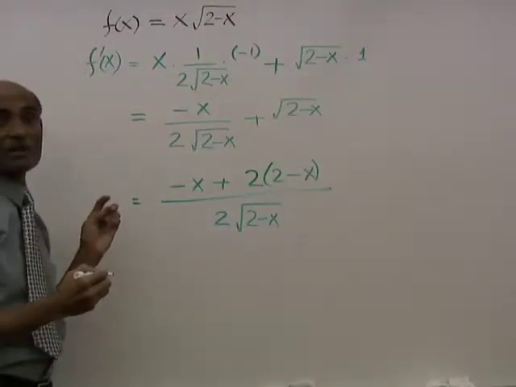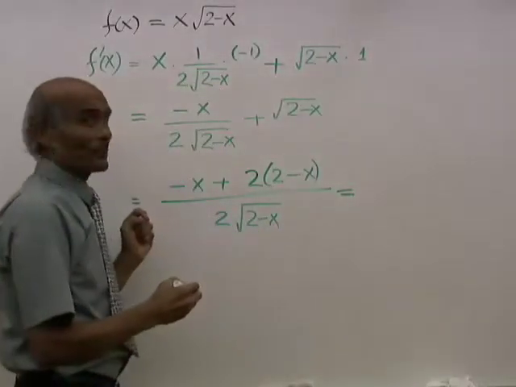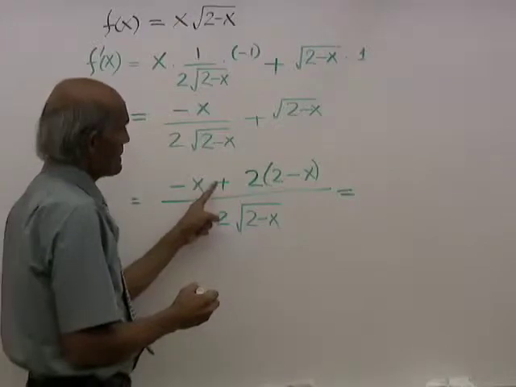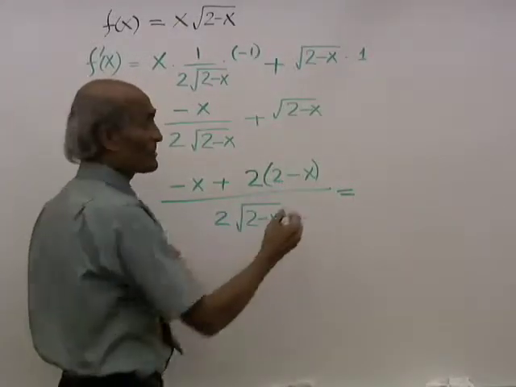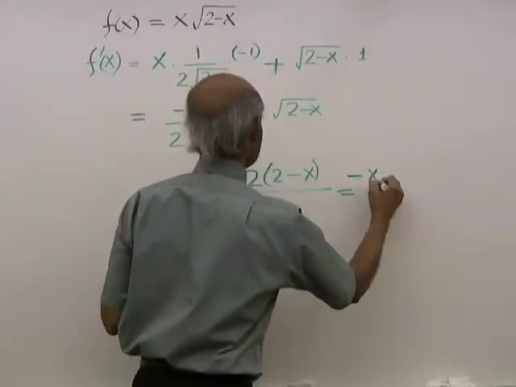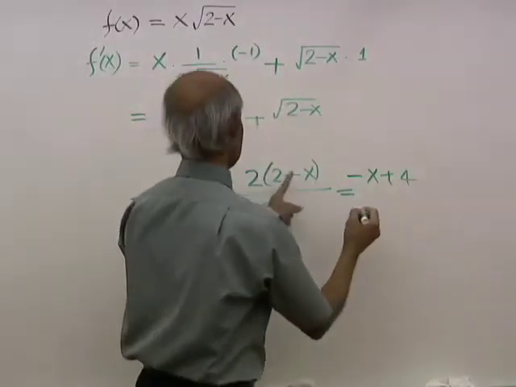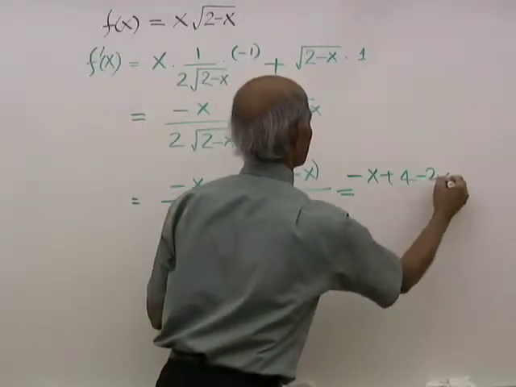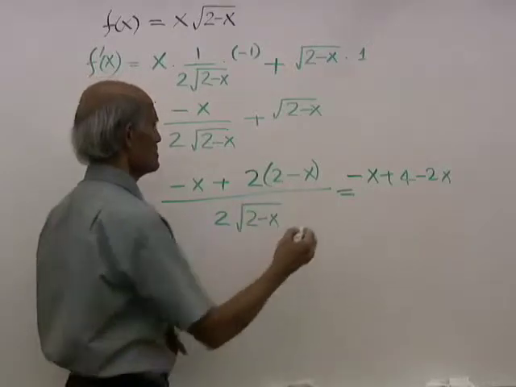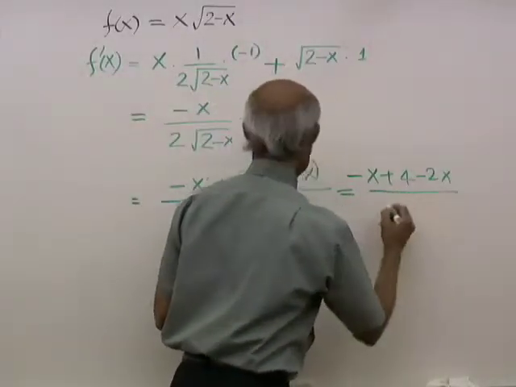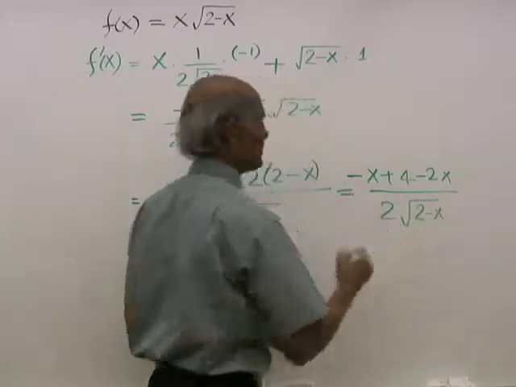It's very elementary algebra. And what is that equal to? That will be negative x plus 4 minus 2x. Distribute that 2. Plus 4 minus 2x all over 2 square root 2 minus x.